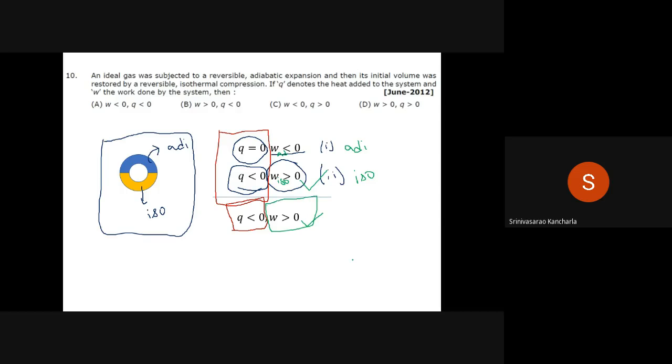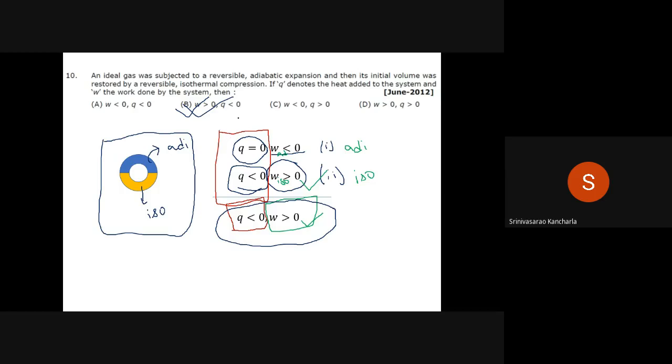Is that clear? Yes, sir. This point we have already discussed. Keep remembering this point. This is one of the very important points. Based on your analysis of this concept, you will keep getting questions on it. So the option will be B. If anyone wants to copy this, you can copy.